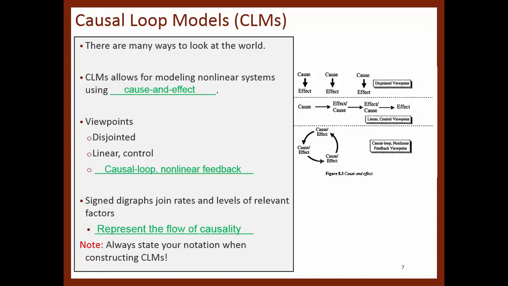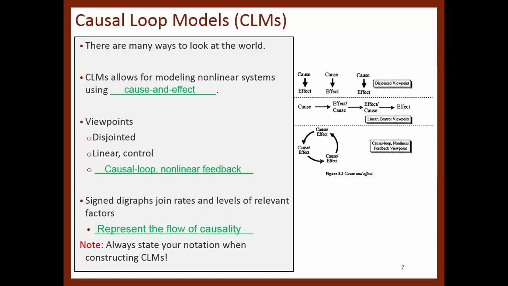So if your arrows with a plus sign represent a positive effect, you have to list that as part of your notation. If your arrows with a red color represent a positive effect, then you have to let me know that as part of your notation. These three viewpoints, the disjoint linear control and causal loop nonlinear feedback, are illustrated here, as you can see.